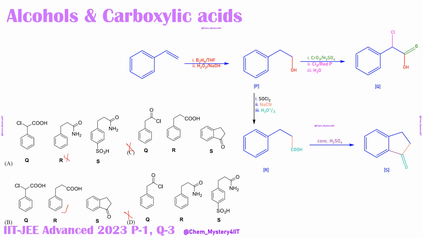That is the correct product of R. And once again, if you see the compound number S, there is a 5-membered ring fused with this benzene ring, which is giving you compound number S having one ketonic group present. So this was supposed to be our correct answer, and the answer given by the answer key as per JEE Advanced was also the same. So that was a pretty long discussion, once again, as you might have anticipated.